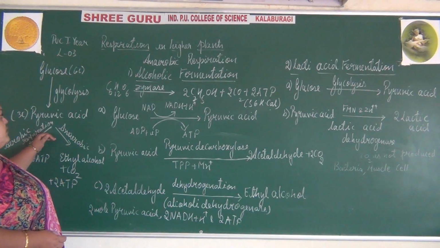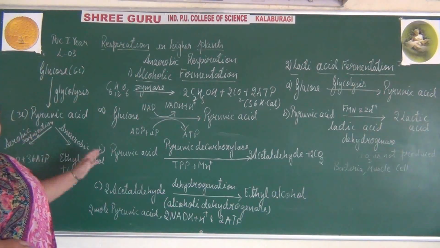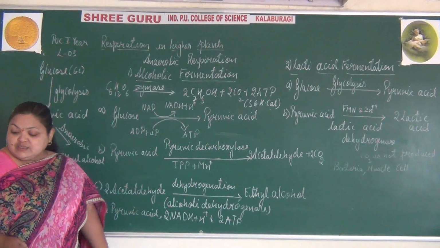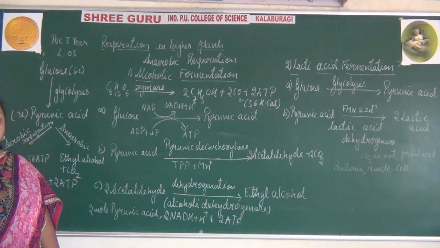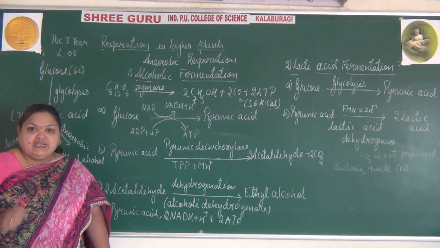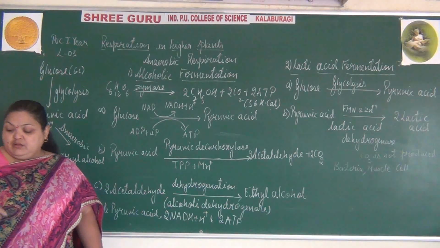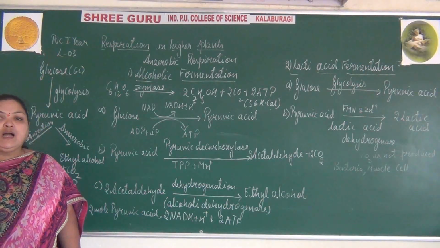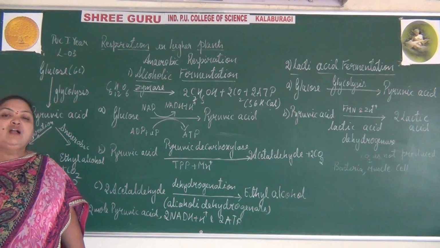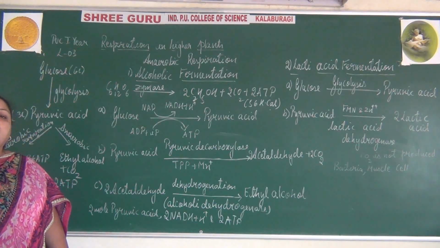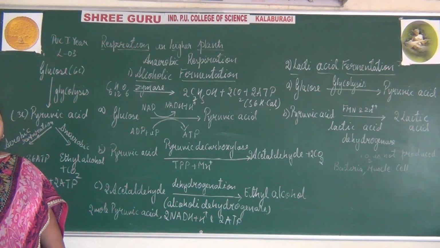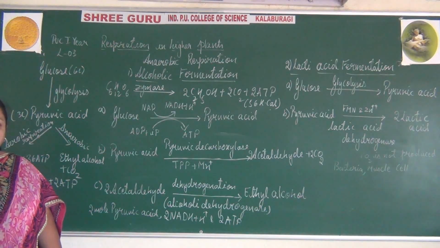Alcoholic fermentation occurs in the yeast cells. Zymase is a type of enzyme complex which breaks down the glucose to form pyruvic acid.